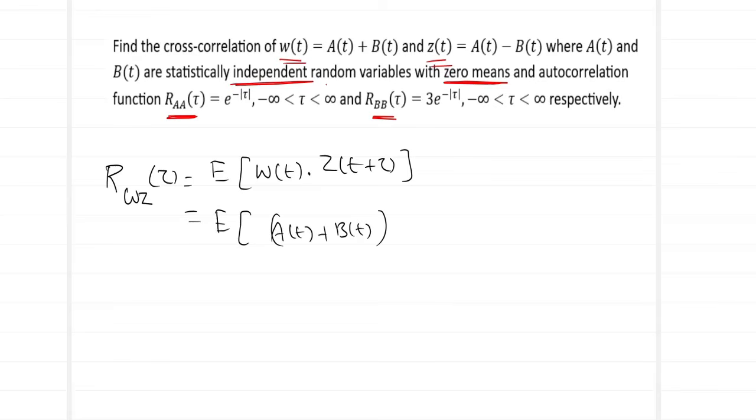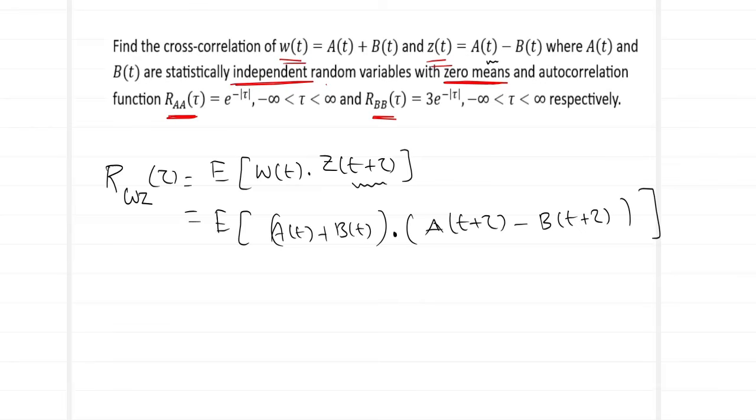Now this has to be multiplied with Z of t plus tau. In your Z, what you have to do is replace t with t plus tau. So wherever we have t, let us replace it with t plus tau. So this becomes A of t plus tau and the second quantity becomes B of t plus tau. Now we have to take the product of these two terms.